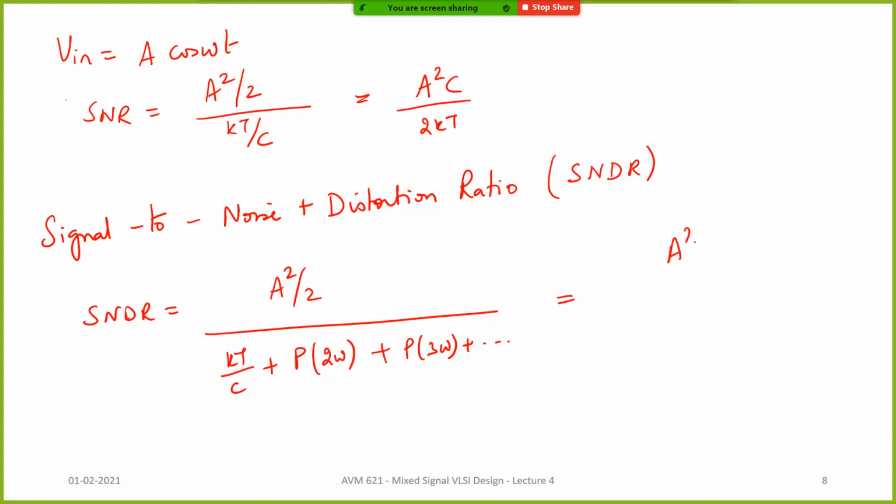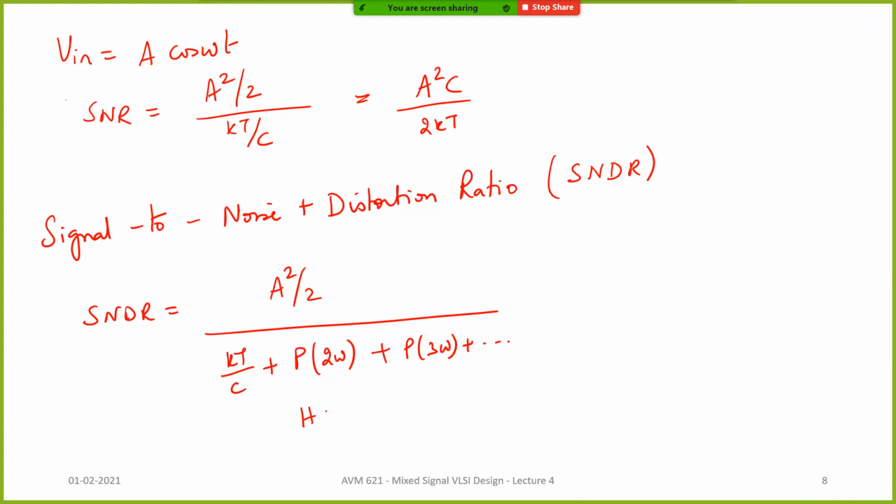In other words, this can be written as A squared by 2 divided by KT by C plus HD2 squared plus HD3 squared, and so on. If you use HD2, you'll have to scale the other terms also, so let's not complicate with that.